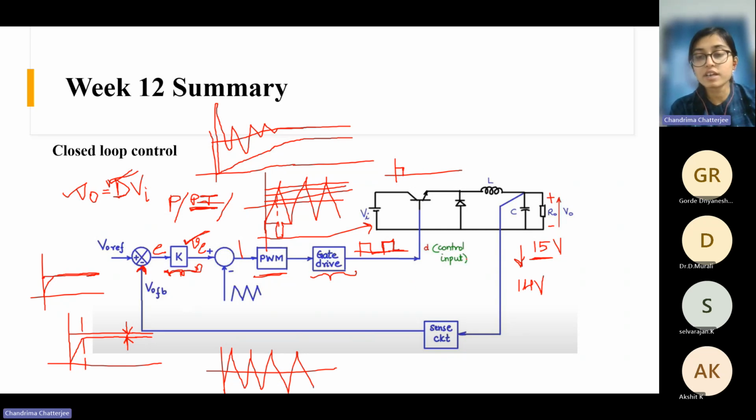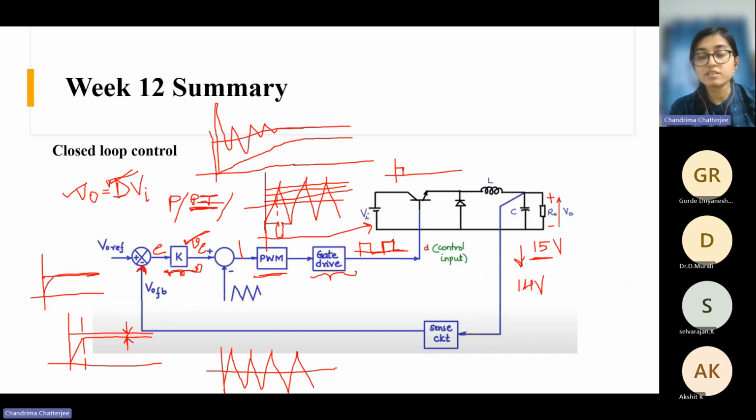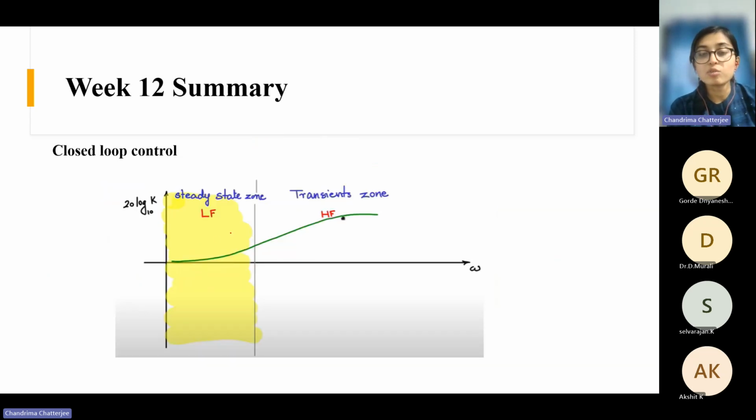So let's see what kind of controller we need. Suppose this K is a simple constant value, some 1, 2, 3, or some value. Then your frequency response will look something like this.